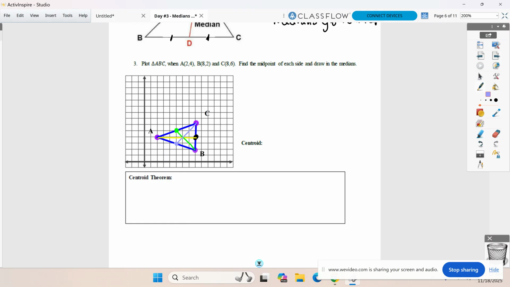As some of you are drawing in your final median here, hopefully you notice something about all three that's been common with altitudes, angle bisectors, and perpendicular bisectors.